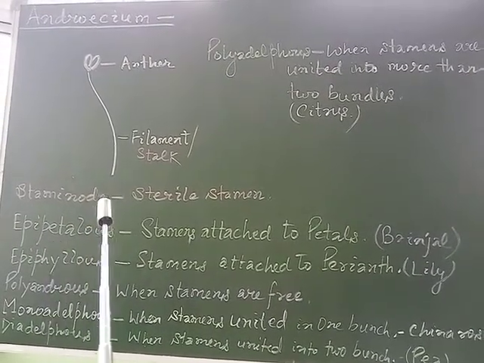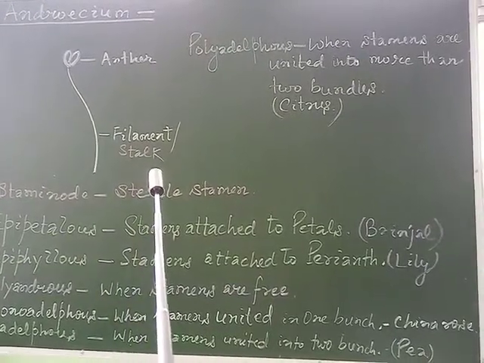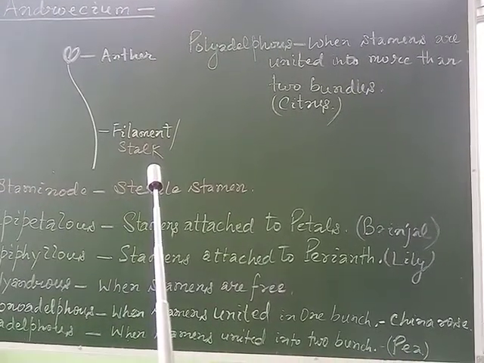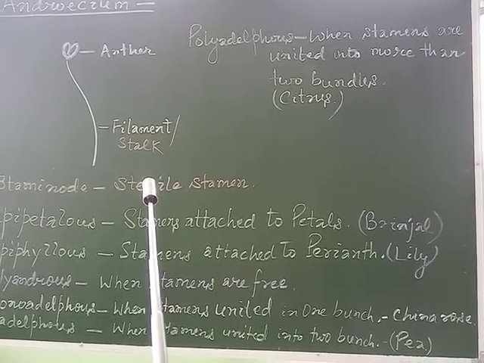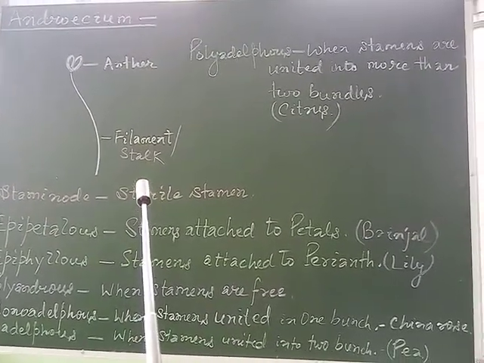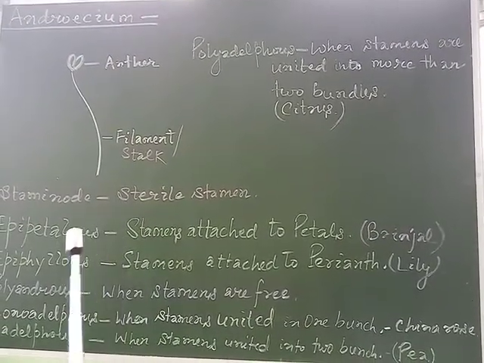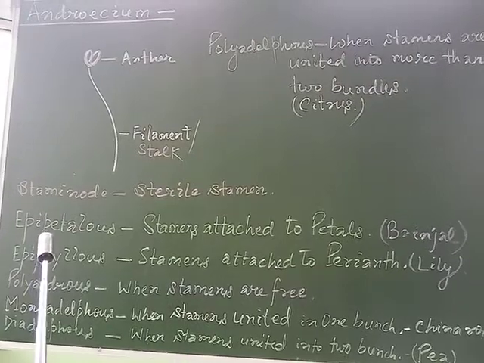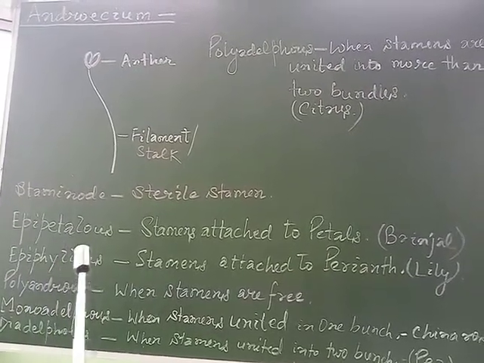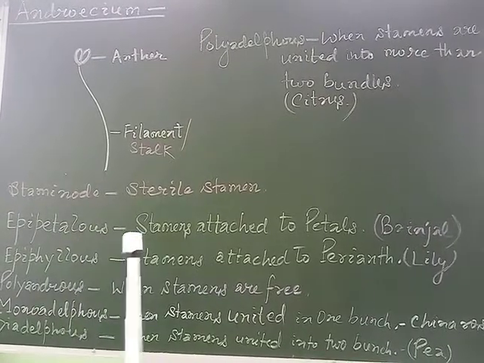The stamens may be united with one or other members of the flower. For example, they may be united to the petals or with themselves also. So when the stamens are attached to the petals, then the condition is called epipetalous.